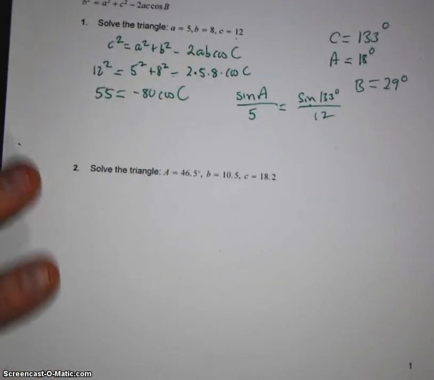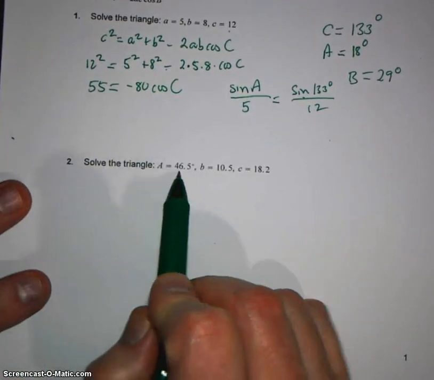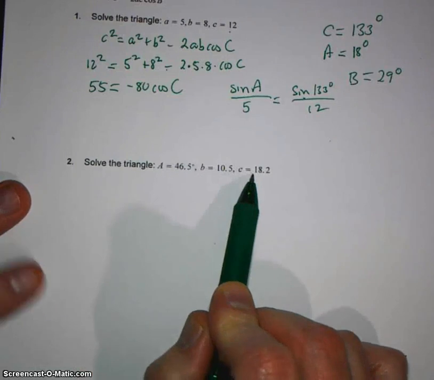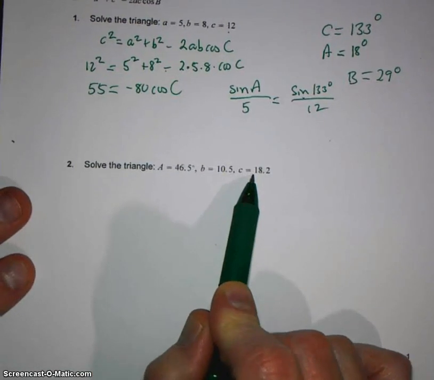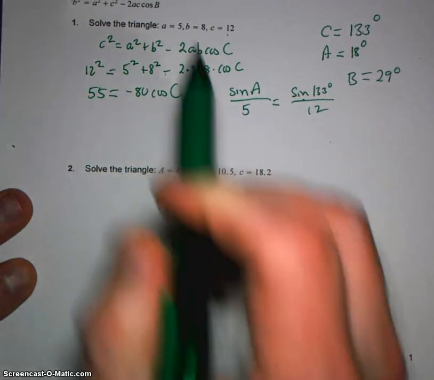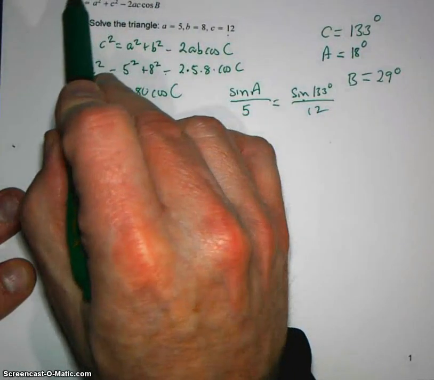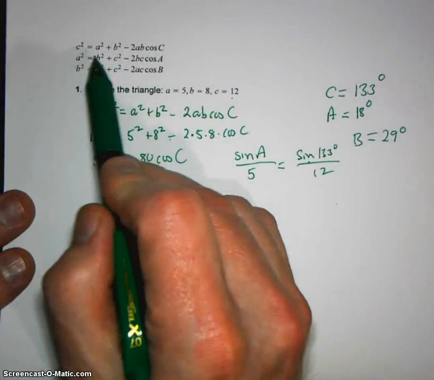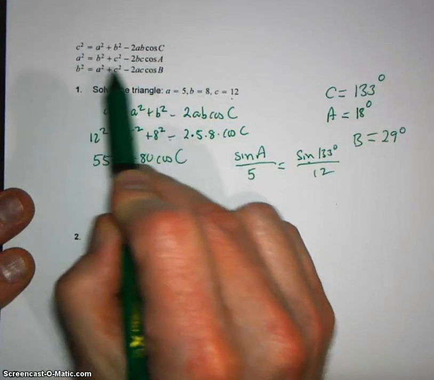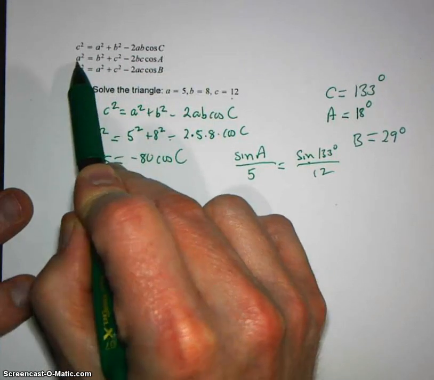All right, so let's see what we have here. We have angle A, we have little b, and we have little c. Again, I notice I don't have a pair. That's okay. If I have big A, then I'm going to use the middle version. Slide it down so you can see what I'm looking at. The middle version here. If I have big A, I use this one, and that's going to let me find little a.